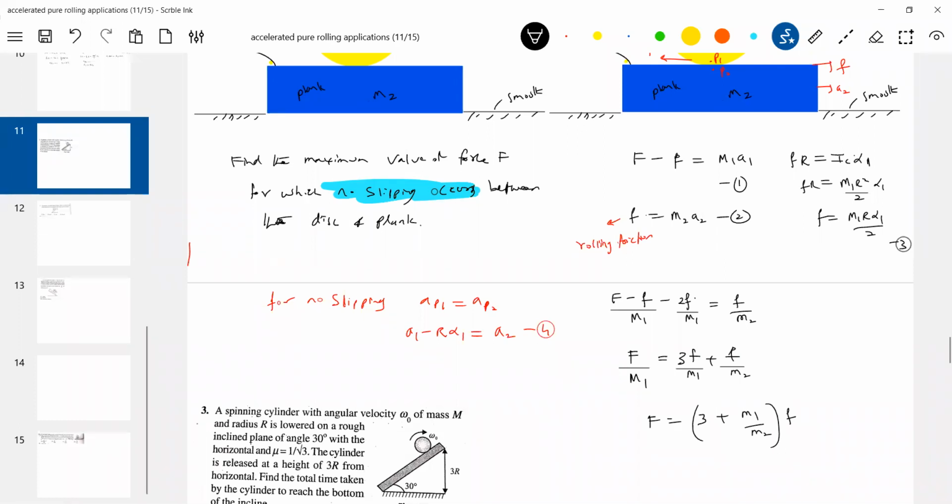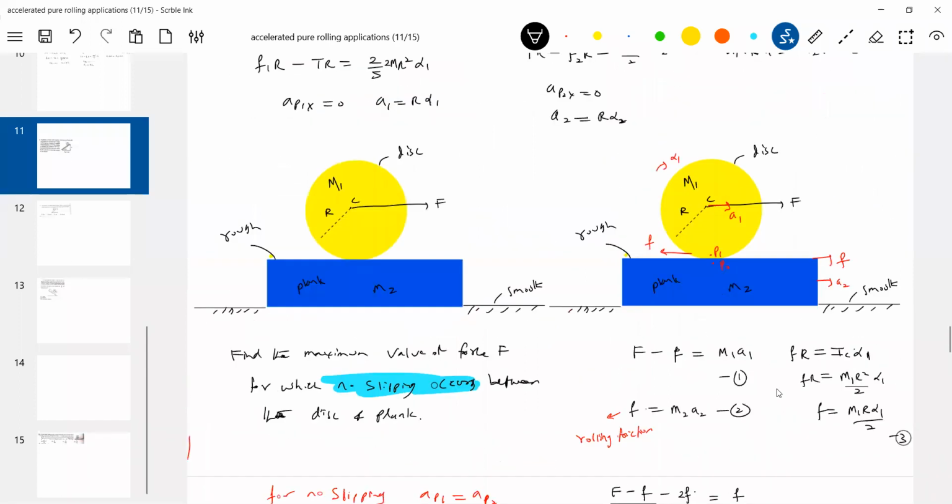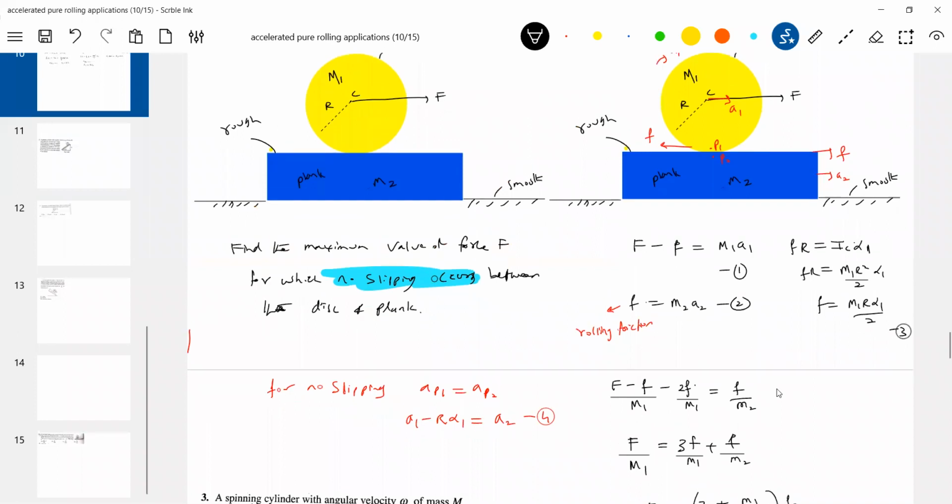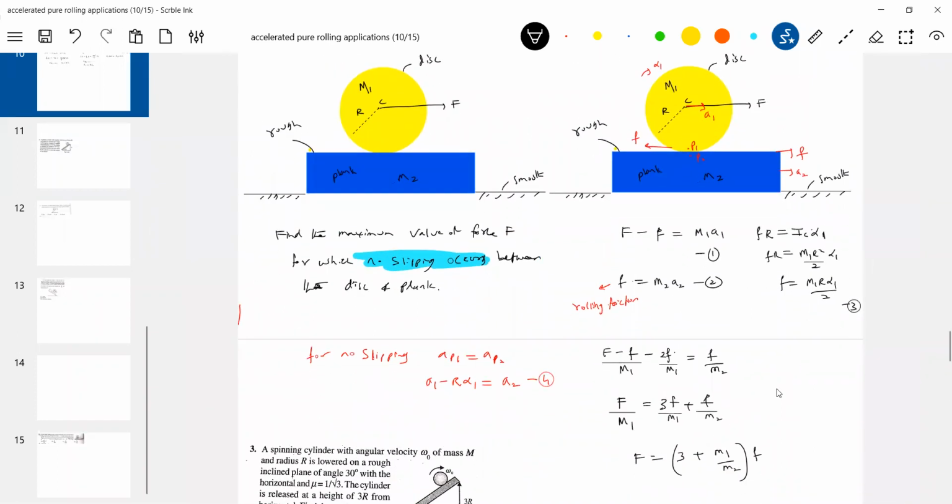I'll keep on increasing the applied force. Do make observations, again block upon a block, first time you are seeing it in a rigid body. As I keep increasing the applied force, the rolling friction will also increase. Is there any upper limit for rolling friction? That is limiting friction.